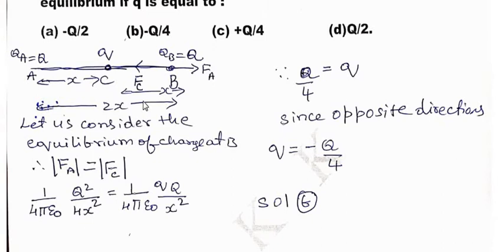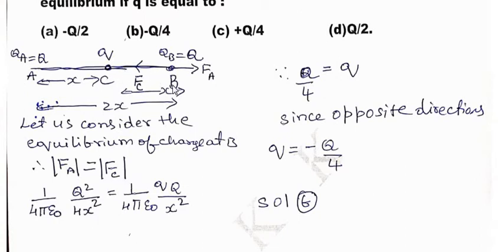The magnitude of FA, the force acting on B due to charge at A, is 1 by 4 pi epsilon naught into Q1 Q2, that is Q into Q, Q square, divided by d square. What is d between A and B? It is 2x. 2x square is 4x square. This should be equal to FC.